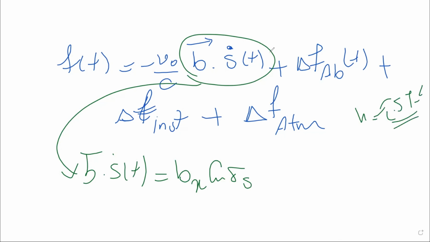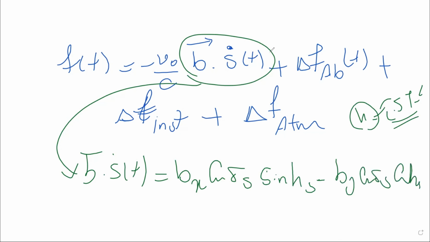So when I take the derivative with respect to time, it means that I'm taking the derivative with respect to H. So the cosine will become sine H, minus By cosine delta S, this time cosine H. And the last term has nothing, because it was not a function of H, it was a function of delta. So this term is multiplied by omega, because the derivative of H with respect to time will be the Earth rotation.